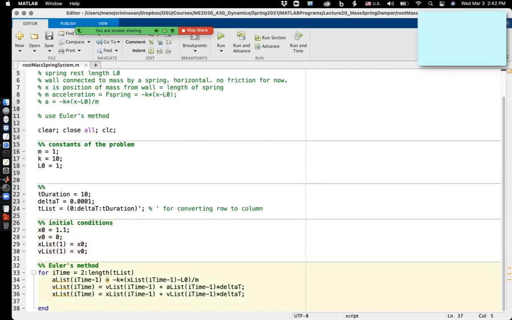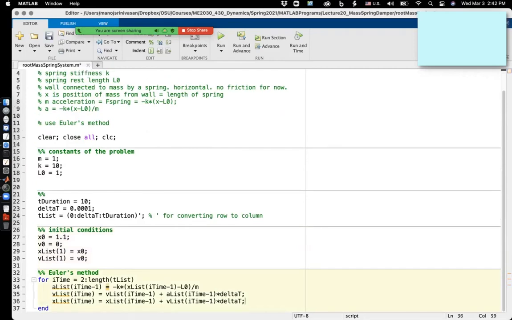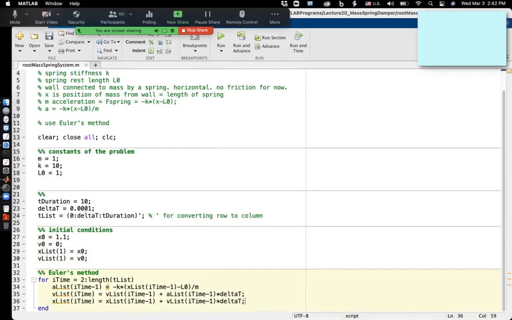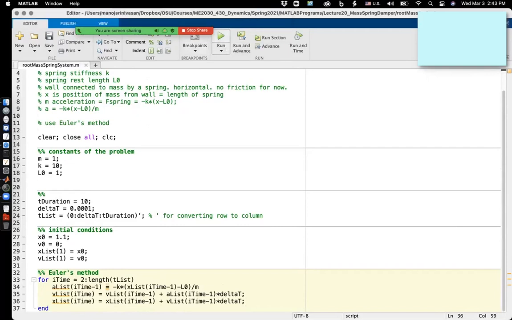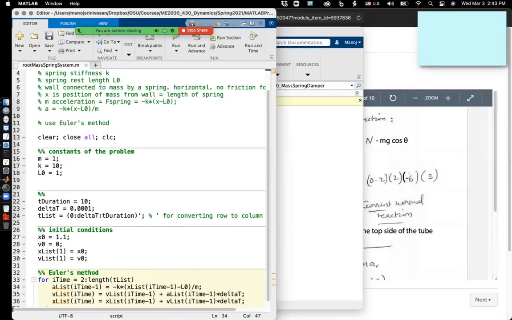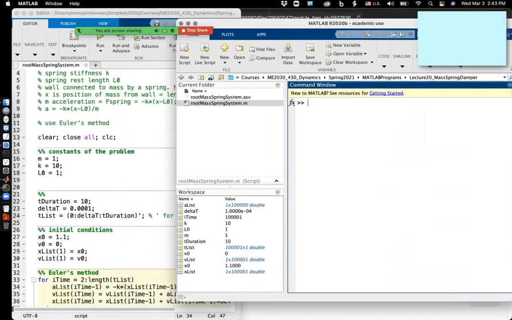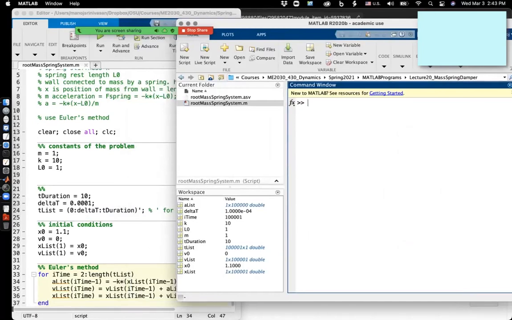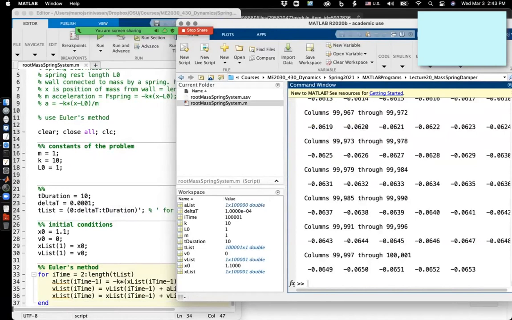Is this going to work? Okay, let's just run it and see. It ran without an error, so that's nice. We have v list here, and x list here.